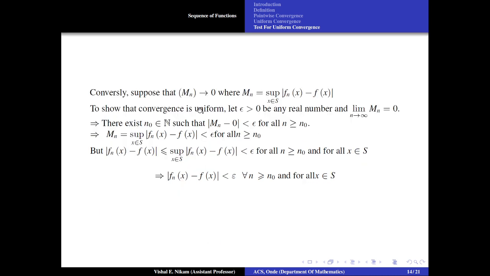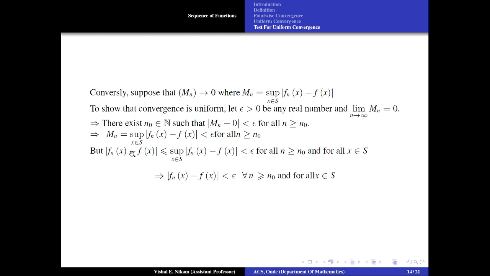Conversely, suppose Mn tends to 0, then we have to prove that the convergence is uniform. Now, what is Mn? Mn is the supremum of mod fn of x minus f of x. Now if Mn tends to 0, by the convergence of a sequence of real numbers, there exists n naught belonging to N such that Mn minus 0 is less than epsilon for all n greater than or equal to n naught. This implies the supremum is less than epsilon for all n greater than or equal to n naught.